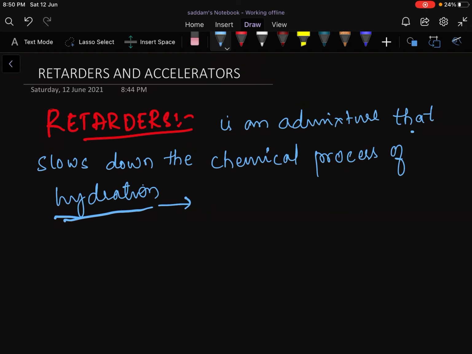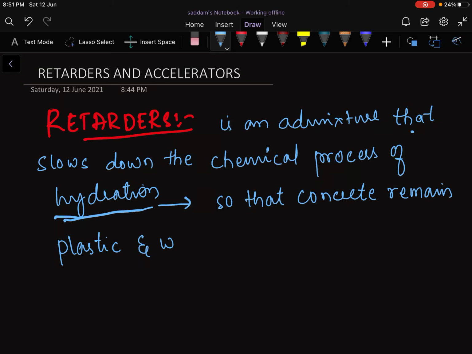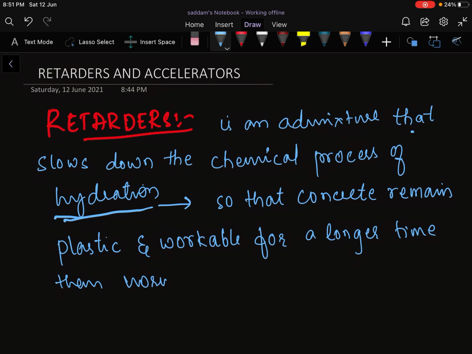Okay. Why do we need to slow down the chemical process of hydration? So that concrete remains plastic and workable for a longer time than normal concrete, without the admixture, that is the retarder.